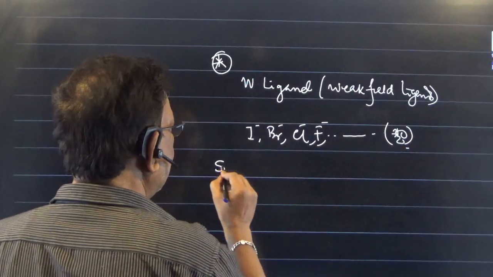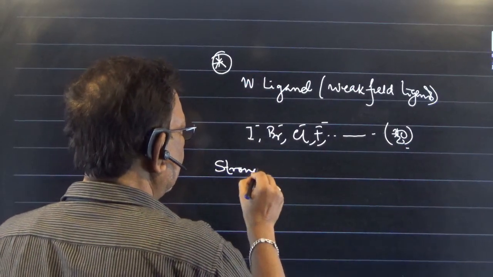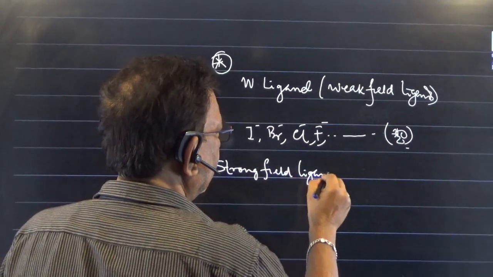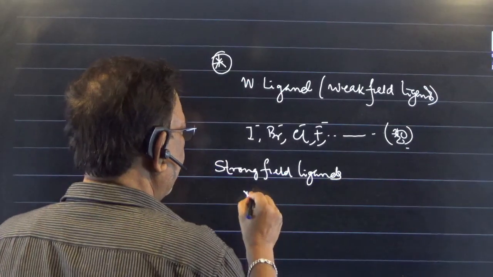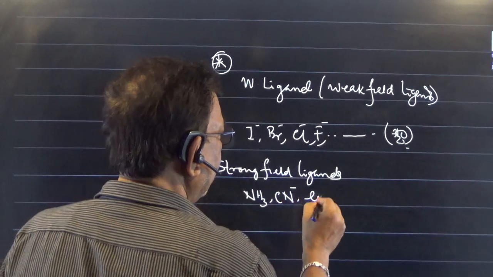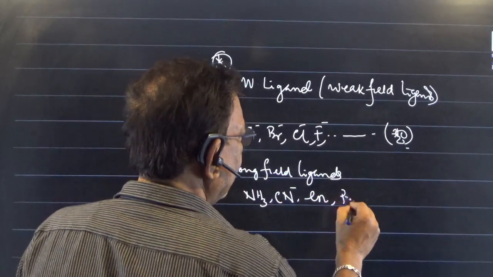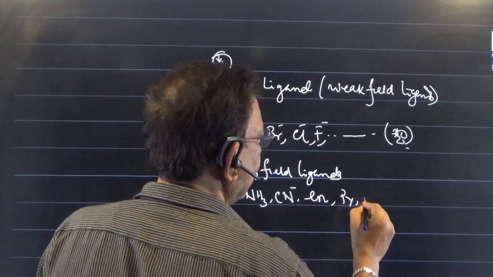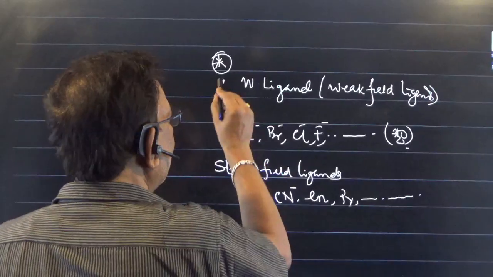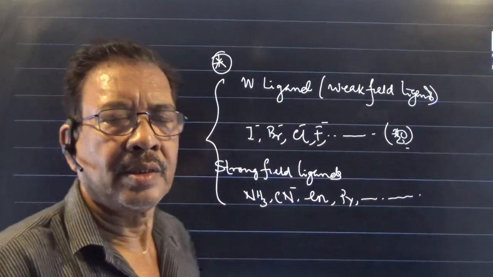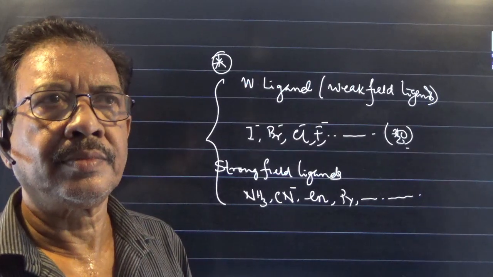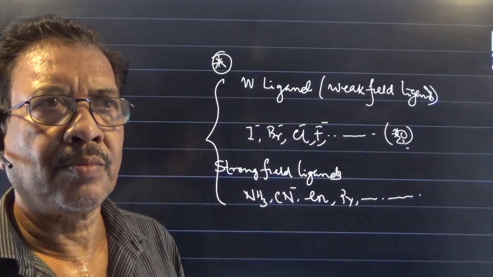Now strong field ligands are ammonia, CN minus, PN, Py, etc. So these are your strong field ligands and weak field ligands. Clear?